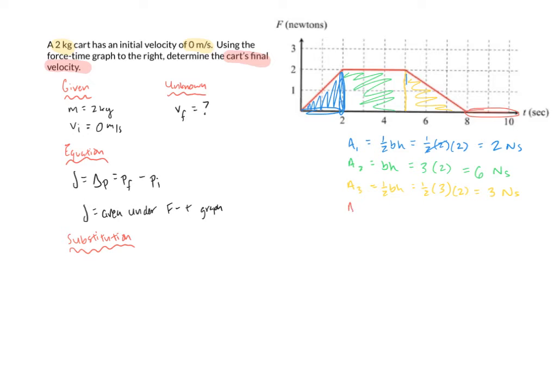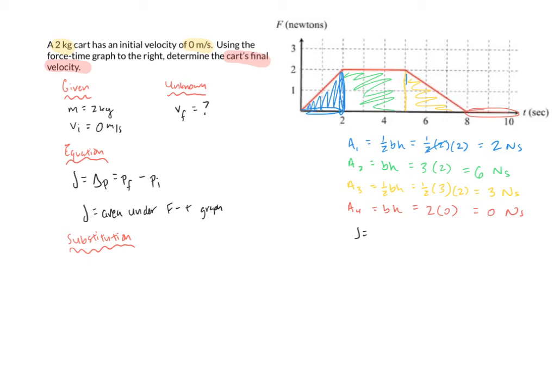And finally, we have our fourth and final area, which is just a straight line. I'm going to use base times height. It doesn't really matter which equation I choose, though, because while my base is 2 seconds, my height is 0, so my area is 0 newton seconds. So I can go ahead and find my total impulse.